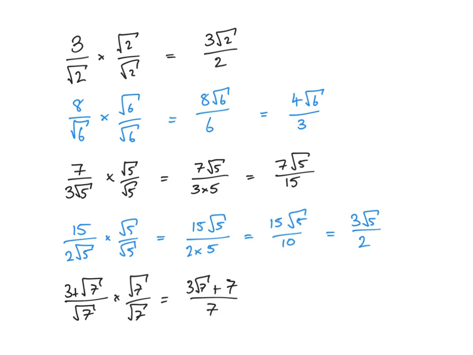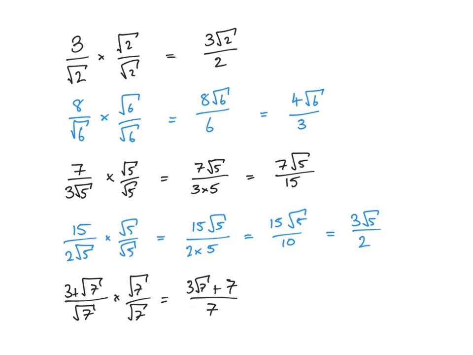One of the biggest mistakes to watch out for is people say, oh look, that 7 and that 7 will cancel out, and we get just 3 root 7 left over. Actually, that's completely untrue, because if we're dividing the top by 7, we need to make sure that every single term is divisible by 7, and 3 root 7 isn't.